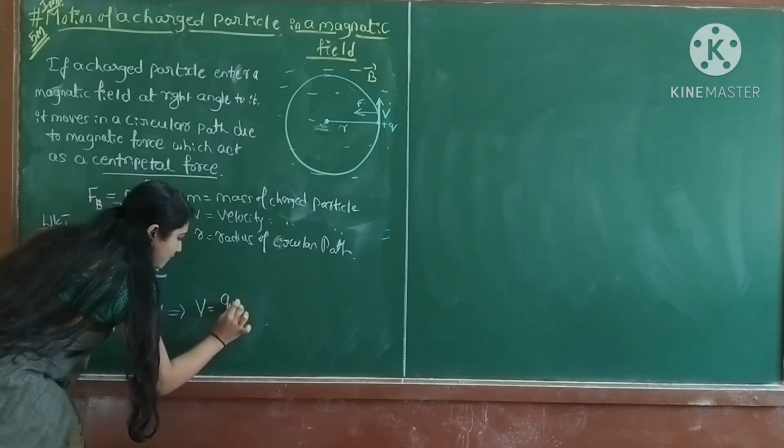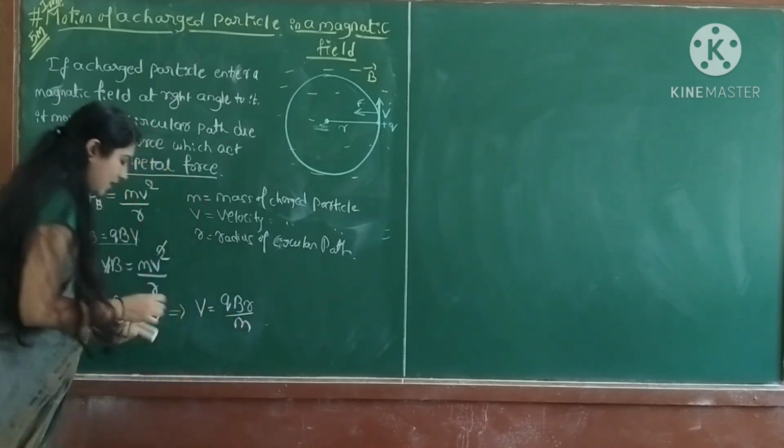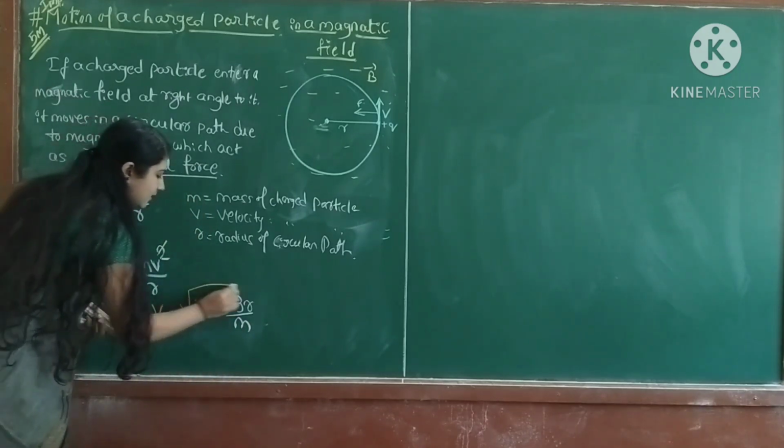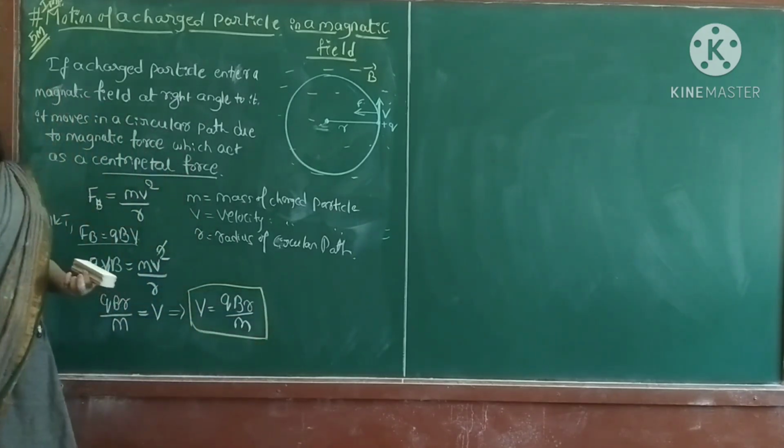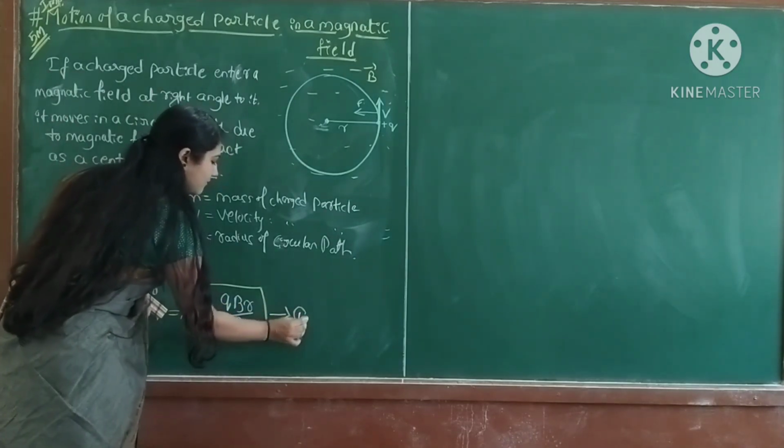V is equal to QBR divided by M. Yes, this is the first equation. Take it as equation number 1.